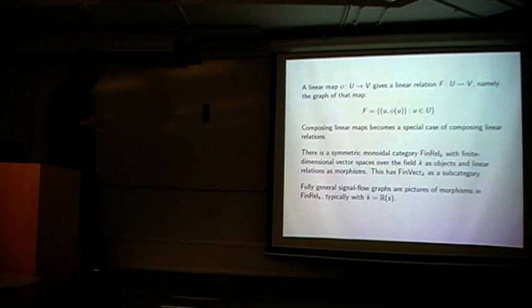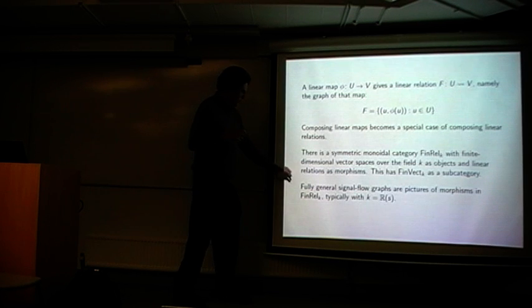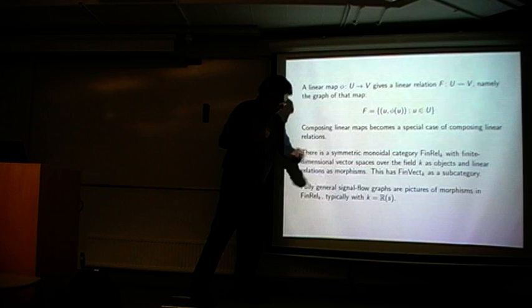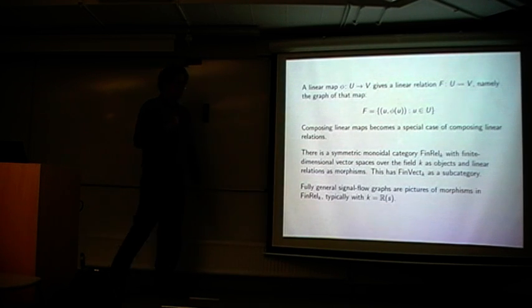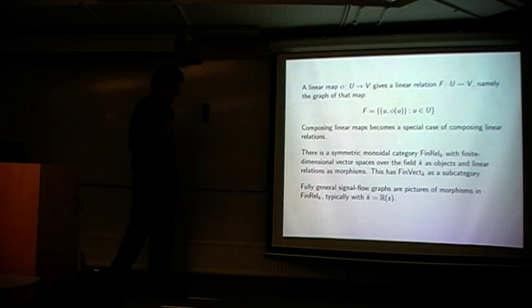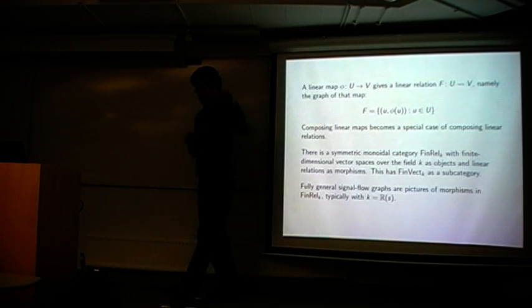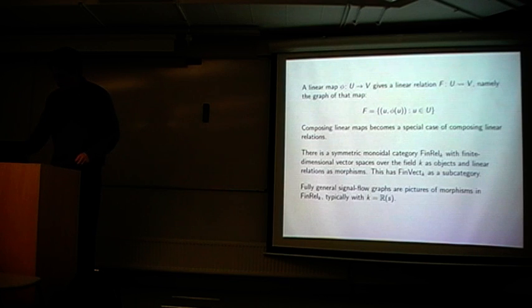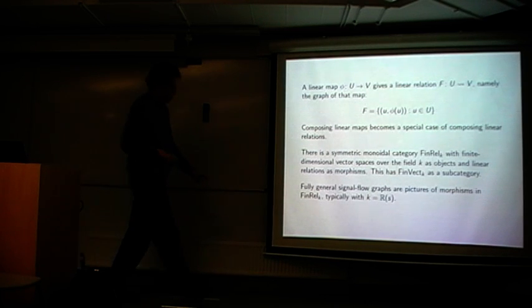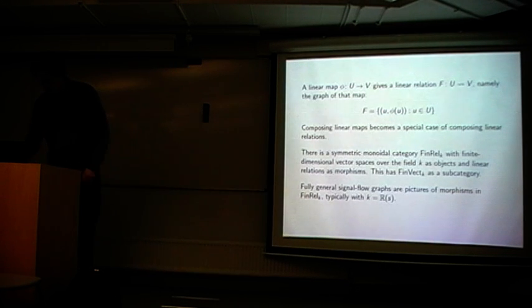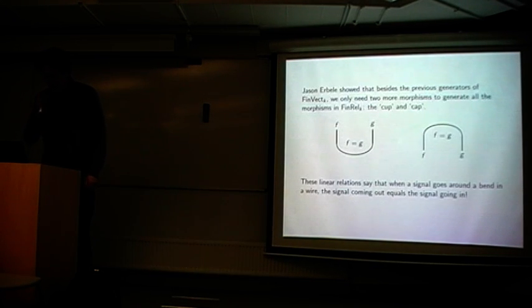And I want to argue that the fully general linear signal flow graphs, we're only doing linear things, so I should say, are pictures of morphisms in this larger category, and typically our field is the one I talked about, the real numbers with this one extra variable that acts as differentiation. These are rational functions in one variable s. So let's see a little bit about how that works.